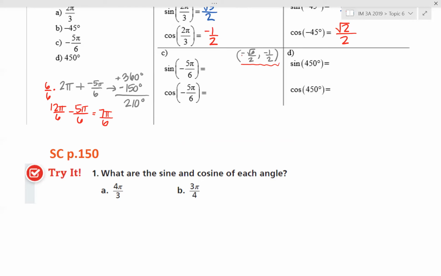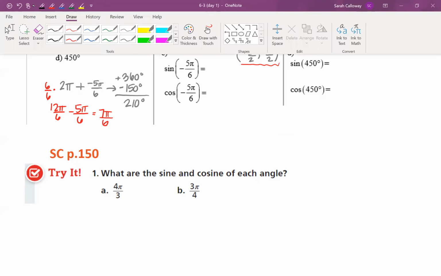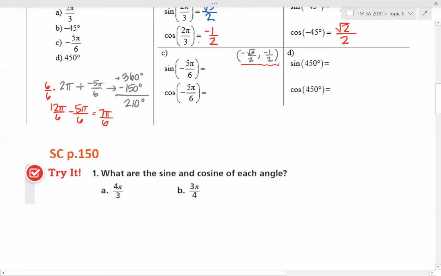So lots of ways to get to that point, and that point tells us that the sine of negative 5 pi over 6 is negative 1/2, and the cosine of negative 5 pi over 6 is negative root 3 over 2. So those two values are our solutions.